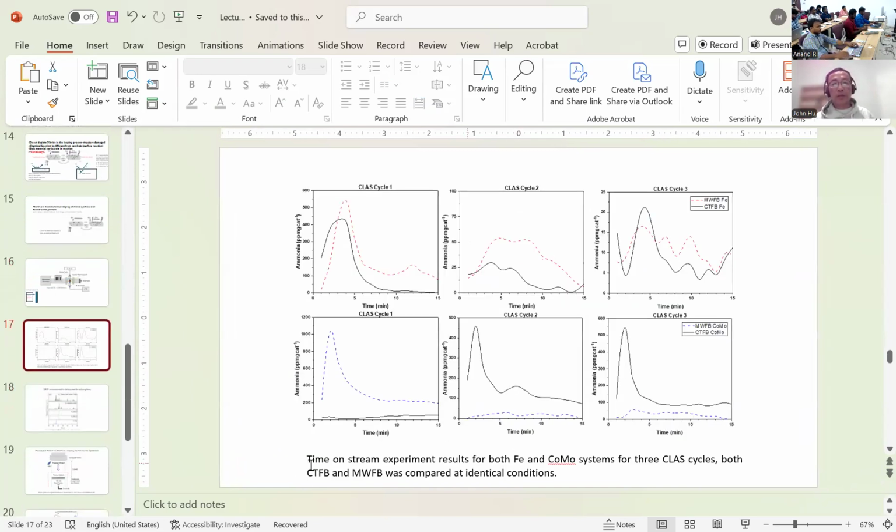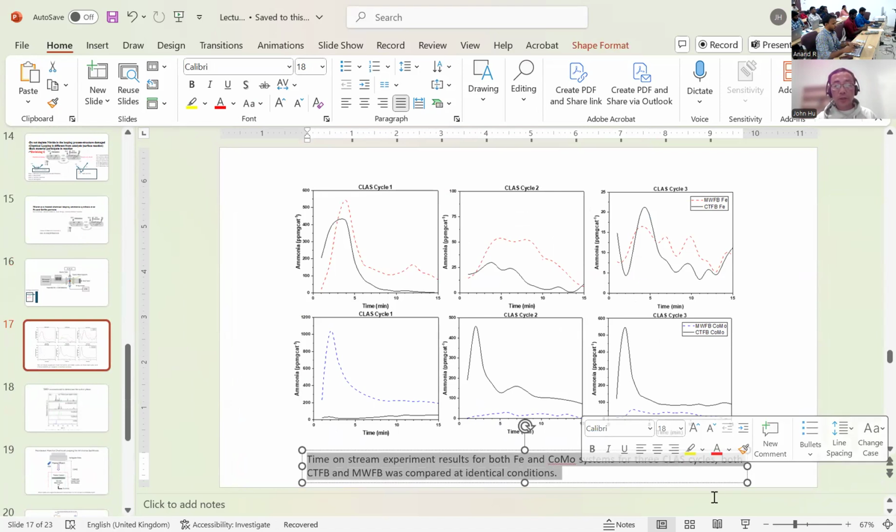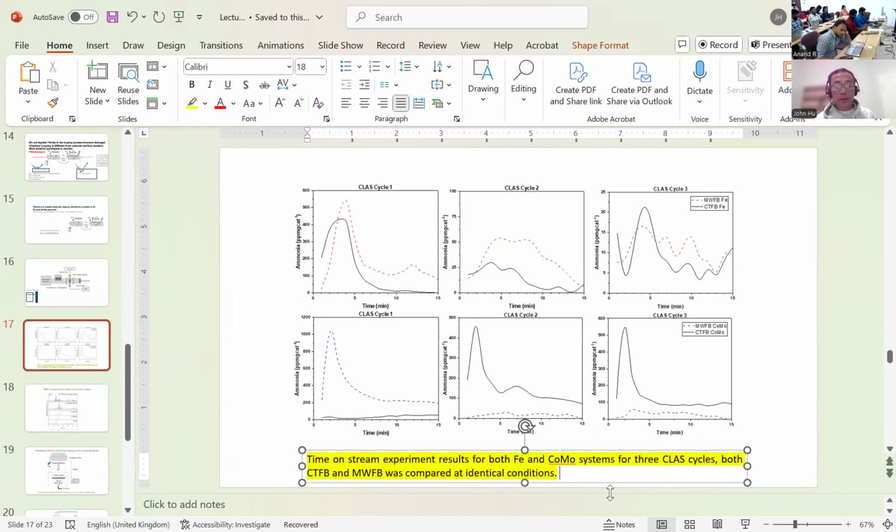So here's the result. I'm going to let you take a look at it. If you haven't read the paper, it's from the paper I sent to you. So basically, this is the caption of the paper. If you take a look at the yellow highlight, this is the time on stream experimental data.